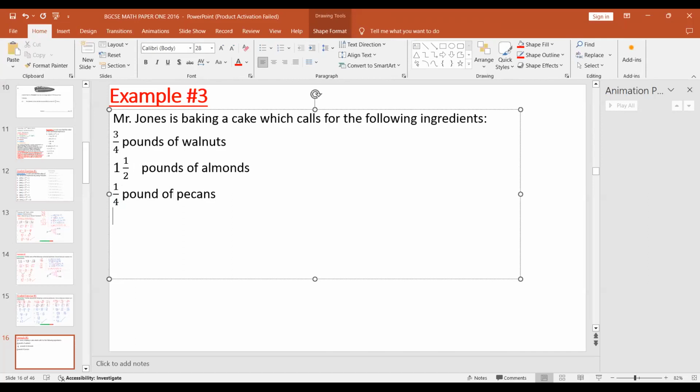So the question says, how many pounds of nuts are needed altogether for the cake? So how many pounds of nuts are needed altogether for the cake?